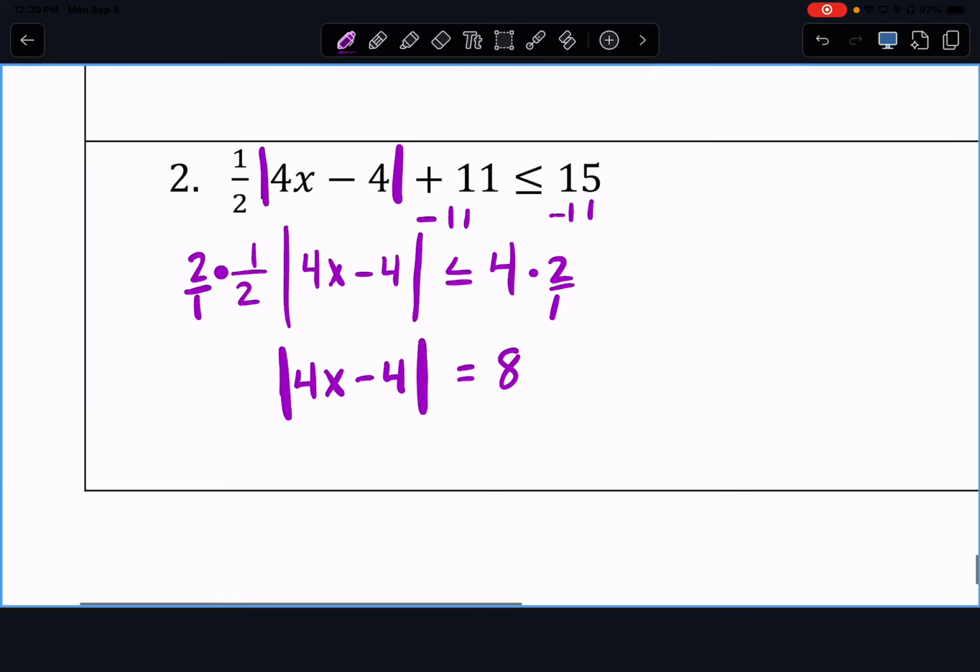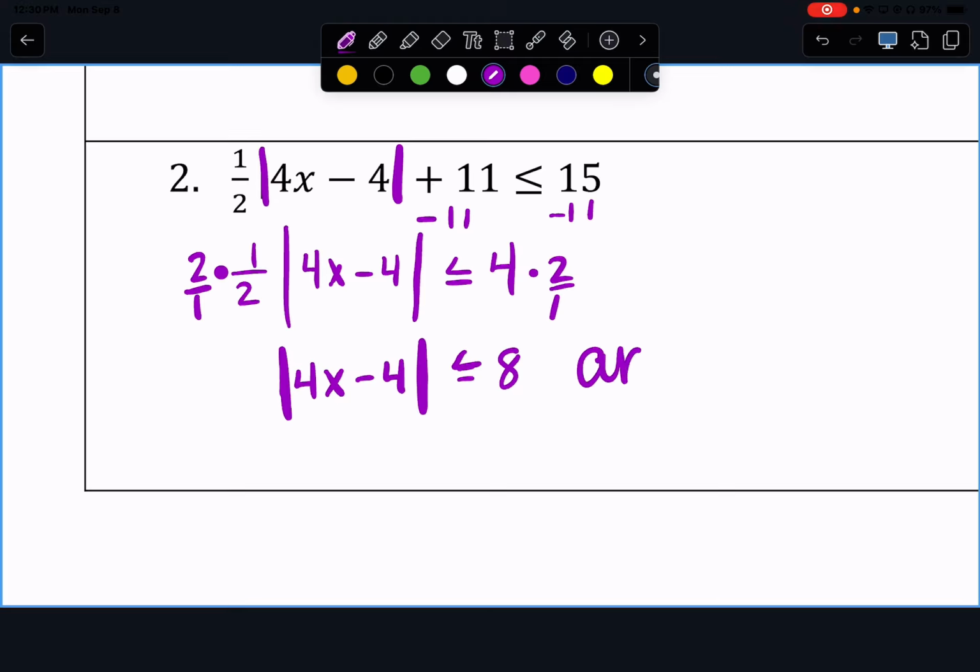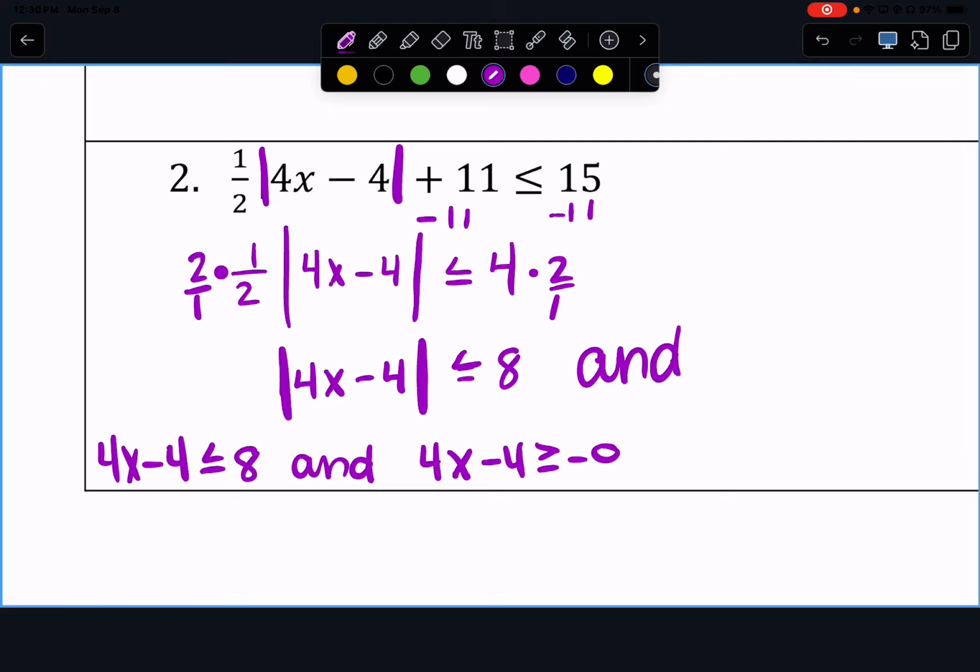Now, that is a less than inequality. So is that an and or an or? It is an and. So we will do 4x minus 4 is less than or equal to 8, and 4x minus 4 is greater than or equal to -8.